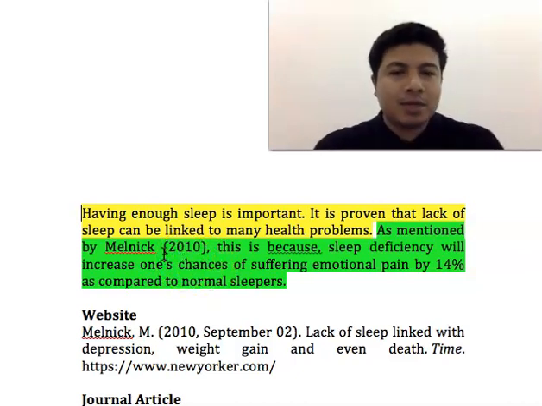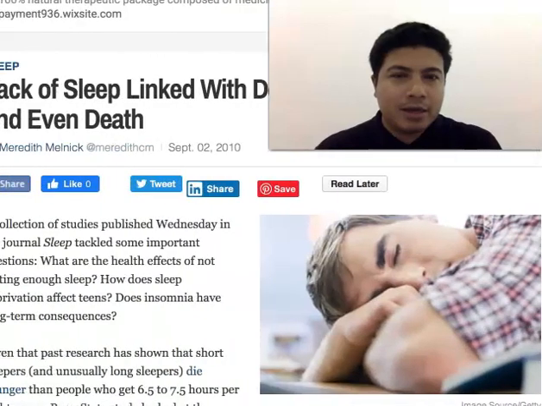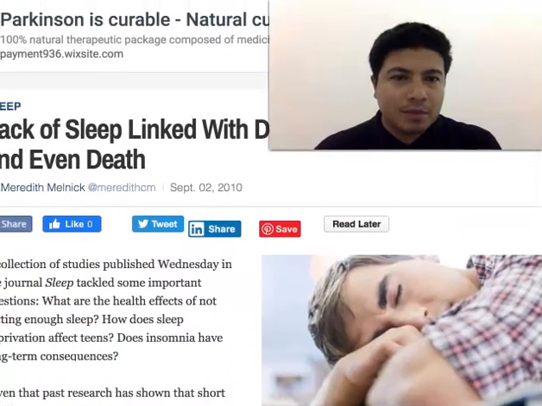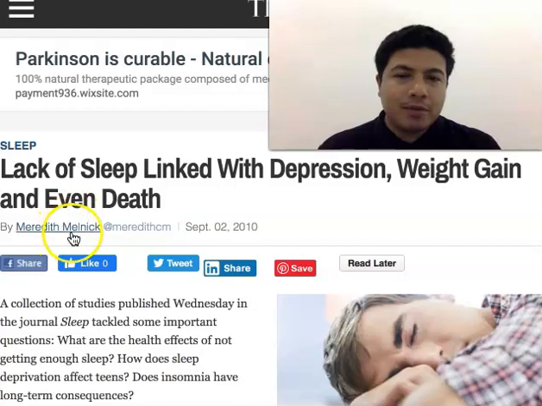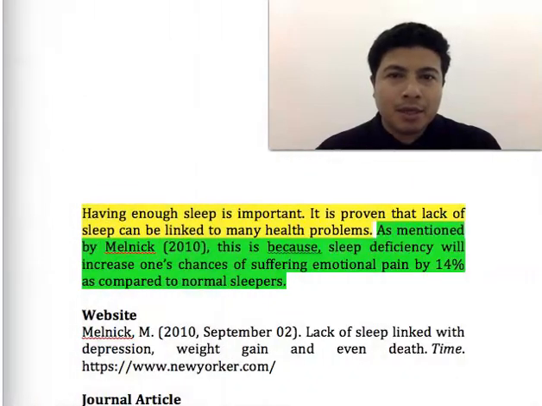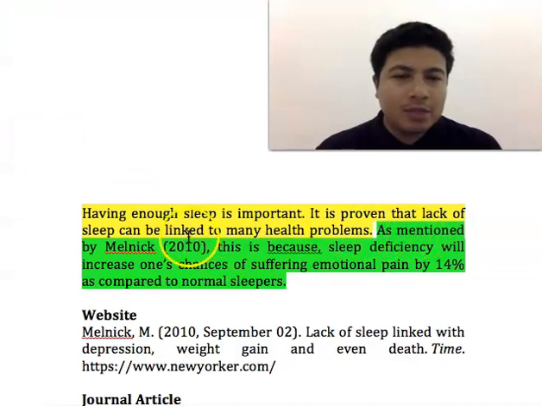So Melnick 2010, this is where I get the citation from: an article on the internet, written by Meredith Melnick in 2010. In my essay, I put according to or as mentioned by Melnick 2010, and this is the citation that I have paraphrased.